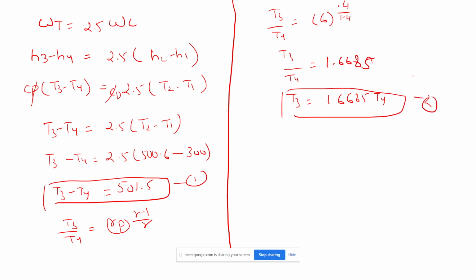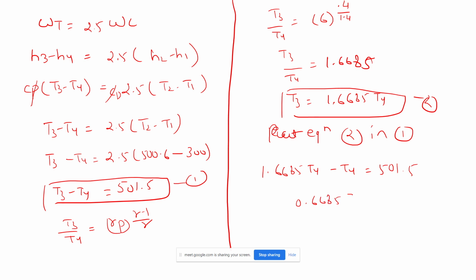Now we can put equation number 2 in 1. So what will we get? 1.6685 T4 minus T4 is equal to 501.5. So 0.6685 T4 is equal to 501.5.